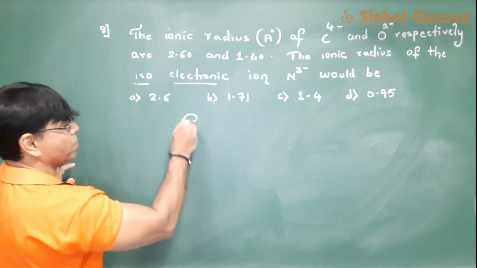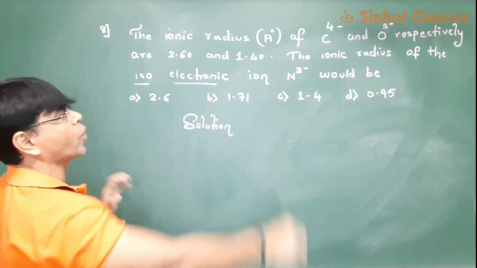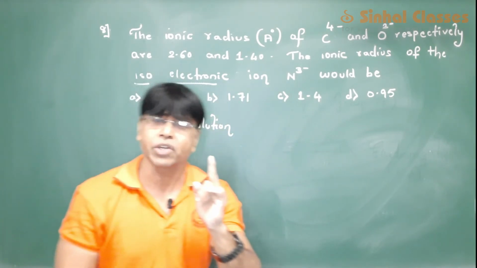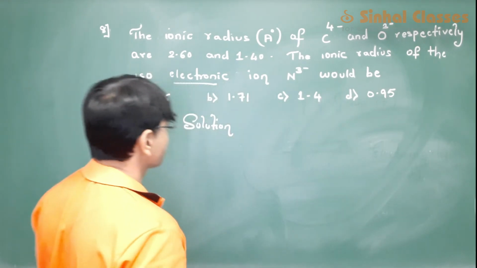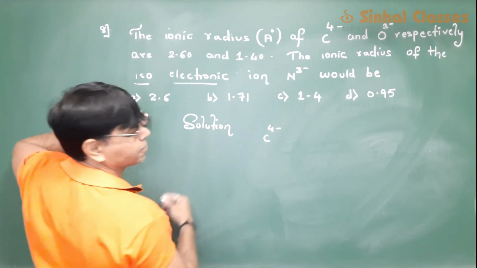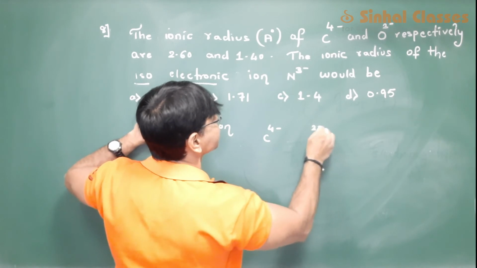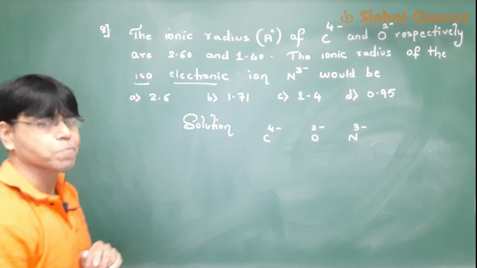Now this is a very simple question. See, all three of them are isoelectronic, and I have told you what is isoelectronic? Having the same number of electrons. So you have C4 minus and O2 minus and now N3 minus.